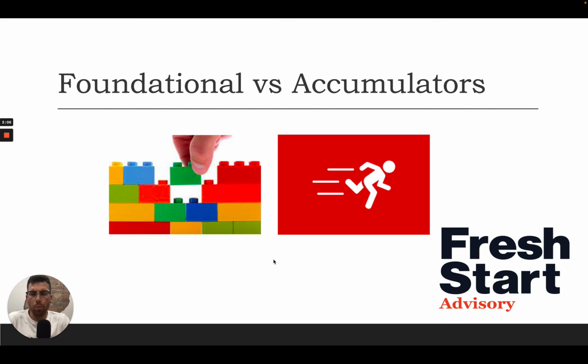Now, the reason why we need these two assets in our portfolio is that a foundational property is building the foundations. It's building the building blocks. It's putting the stumps down on the ground, and it's making your journey more stable because now you've got properties that are going to help you leverage and use that equity as it grows in value to purchase other properties.